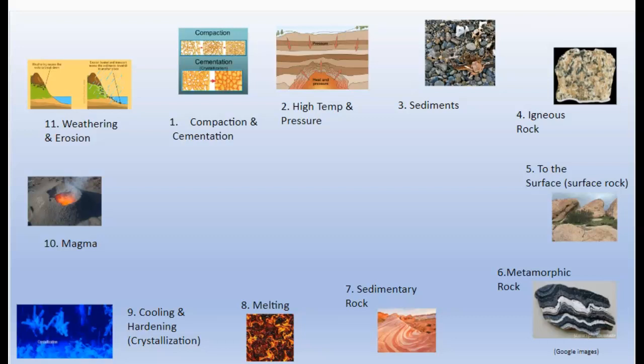So things at Earth's surface versus things underground can be a way to distinguish what is observed and what's inferred in the rock cycle. And time can play a role here too. Something that happened a long time ago, we infer. We can't see it directly anymore.